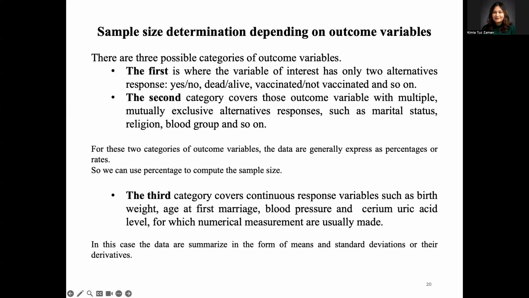For both of these, we size the study around the percentage we expect to observe. And finally, for continuous outcomes like birth weight or blood pressure, we plan using means and standard deviation. So the rule is percentages for categorical data, means and standard deviation for continuous data, and we choose the sample size accordingly.